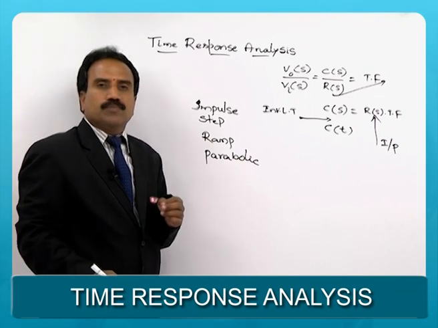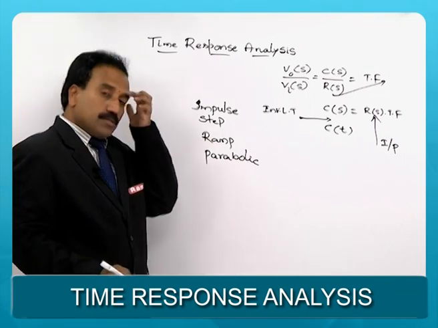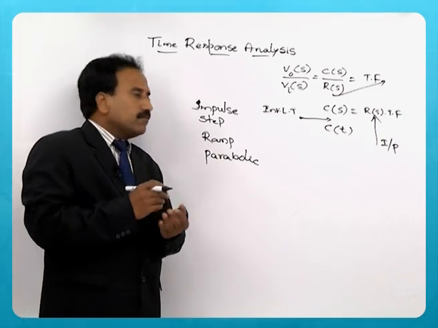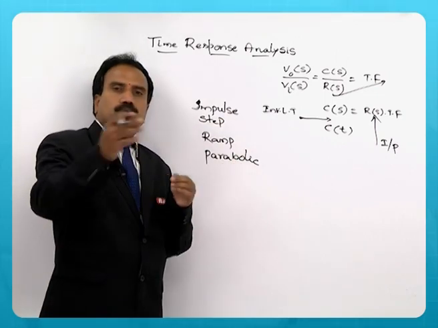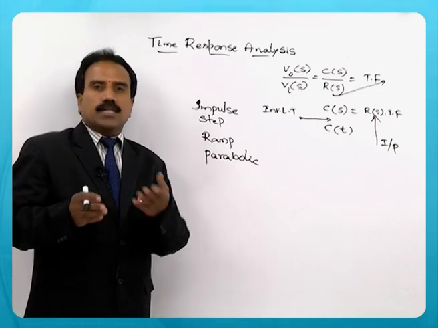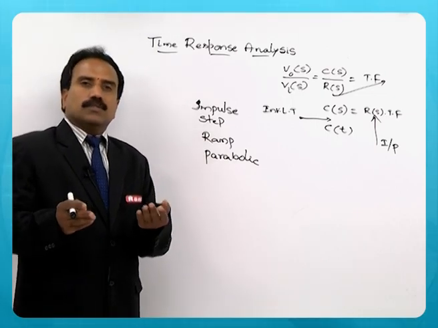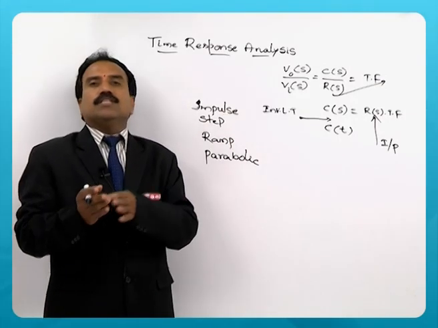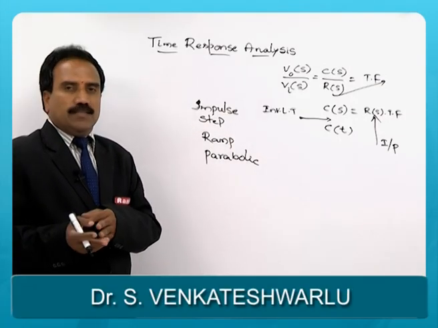We need to give these inputs to systems of first order, see the response, and give these inputs to second order systems and see the response, C of t.